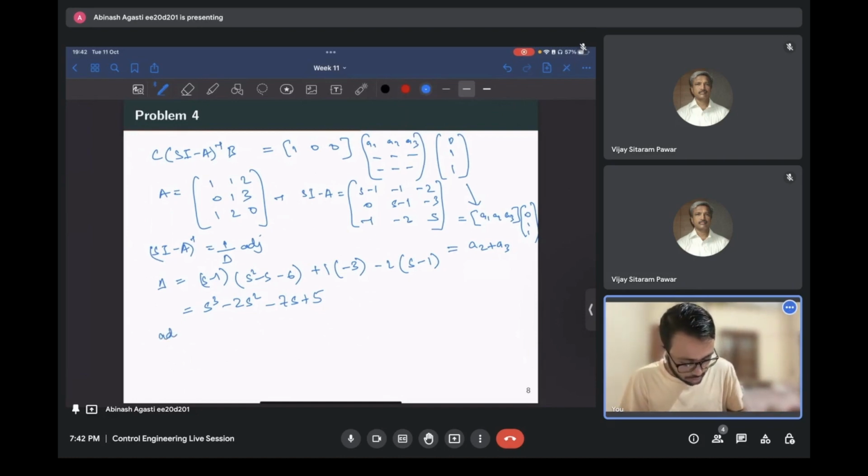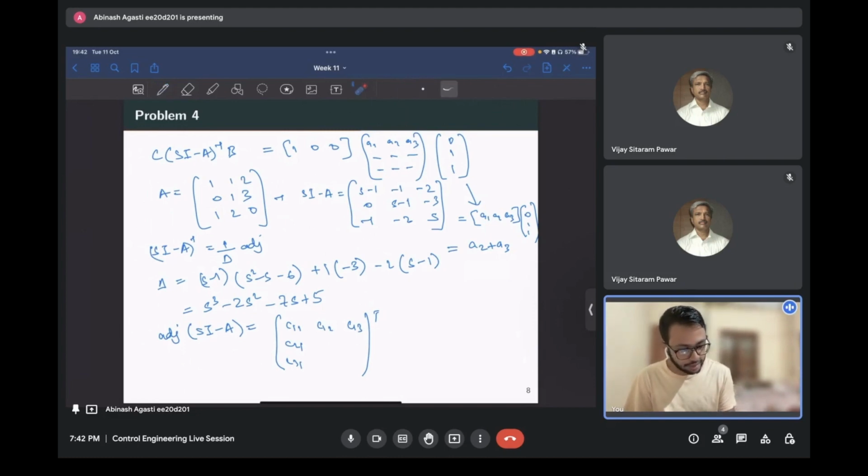The adjoint of sI minus A is the transpose of the cofactor matrix. So if you have C11, C12, C13, C21, C31 and so on, then it is this transpose. For finding these two elements, we need to find these two cofactors. The cofactor for this matrix will be given by this determinant multiplied by minus 1.